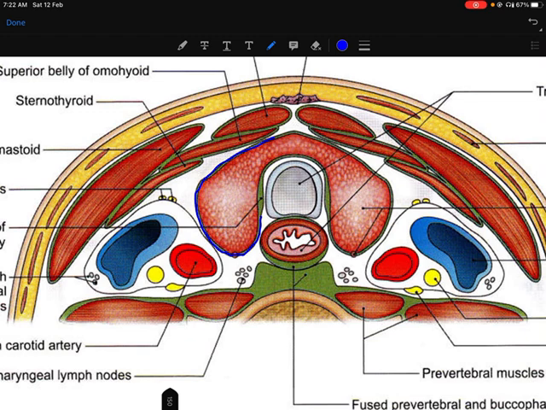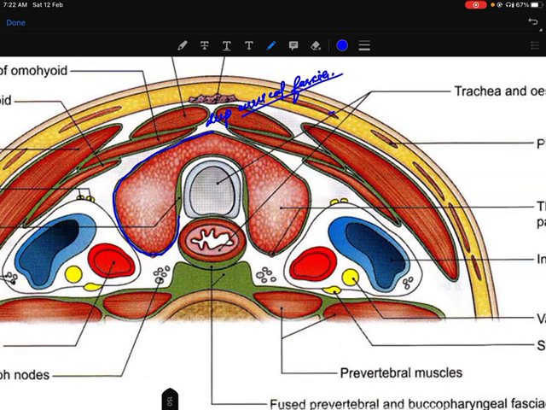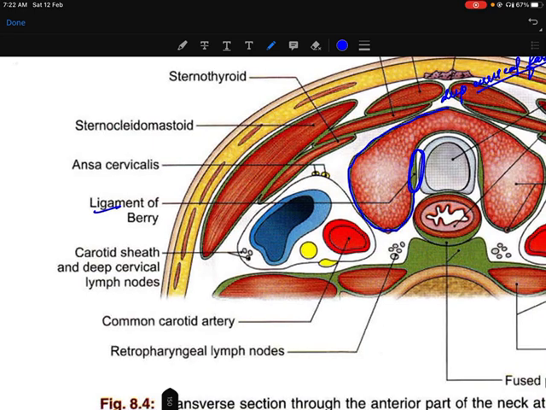This is the posterior and medial side, where we have the ligament of Berry.